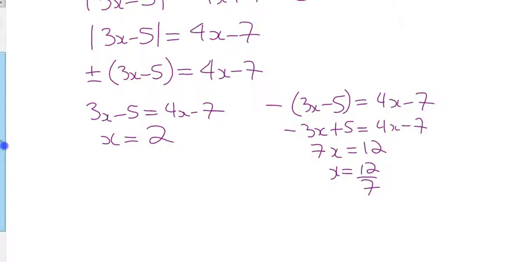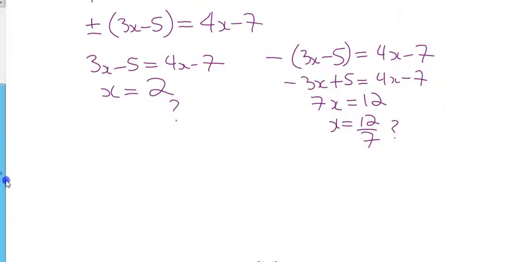So we have two potential solutions. Is it 2? Is it 12 over 7? The only way to know is to check. So we now check for extraneous solutions.